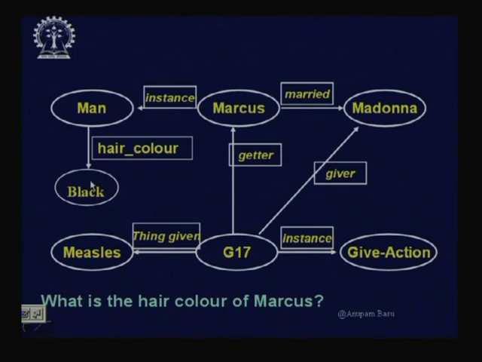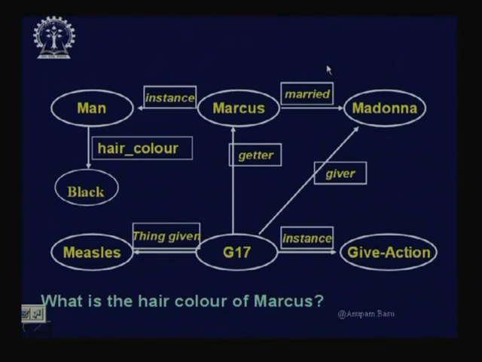All right. Is it generic or is it default? It is default, because we are assuming there are people with hair color brown and other types. Marcus is an instance of man, and Marcus is married to Madonna and whatever.